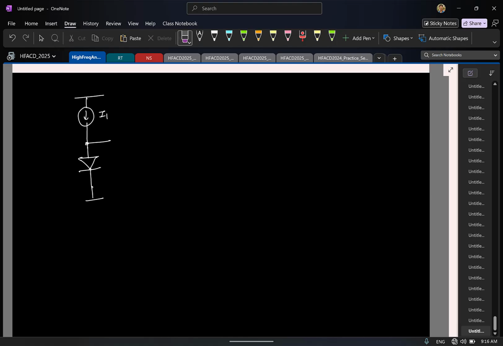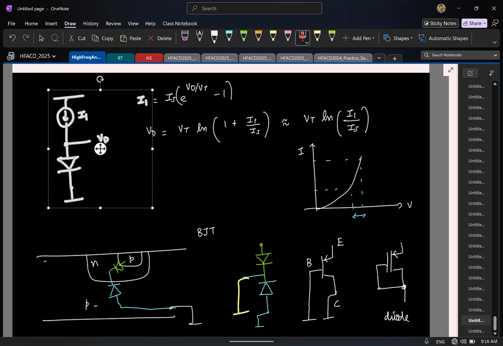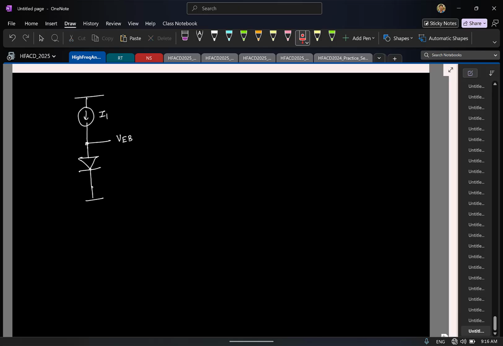I'll still draw it as a diode for simplicity, but I'll call this voltage VEB, because the diode we are getting is between emitter and base. To explicitly show that this is a diode connected transistor, let's say this is VEB1.